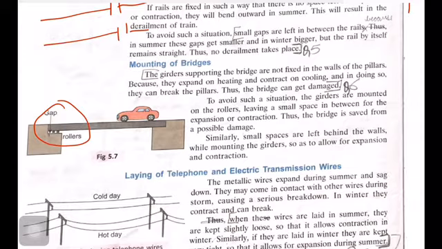We always leave some gap in between, so that when there is expansion on heating or contraction on cooling during the different seasons, this will not damage the bridge. The bridge can work well. It will remain as such for the usage of people.